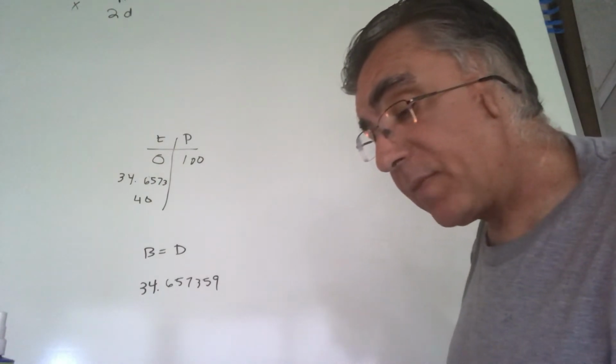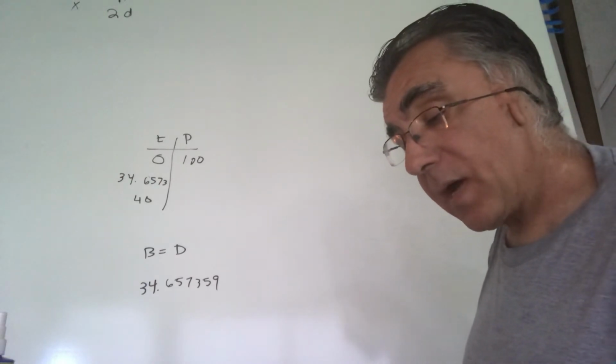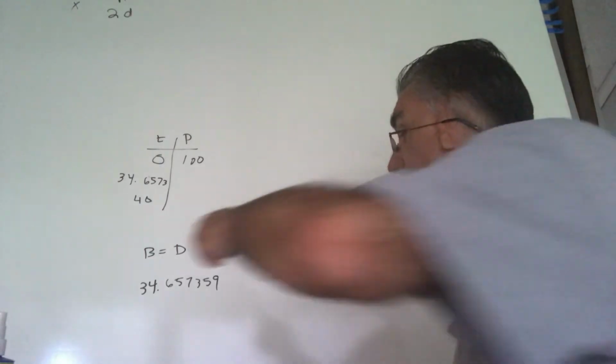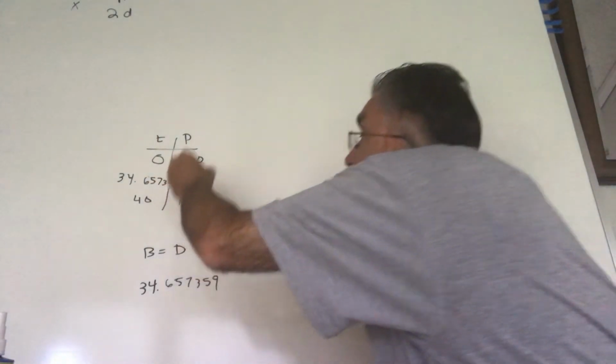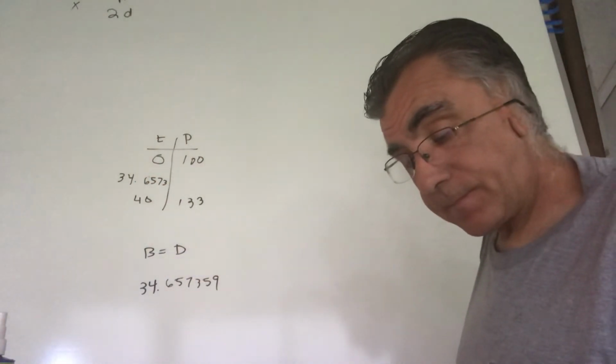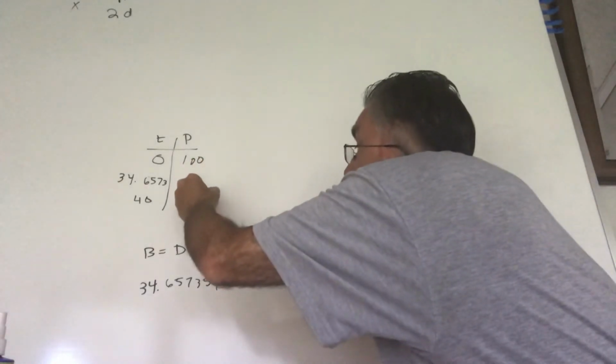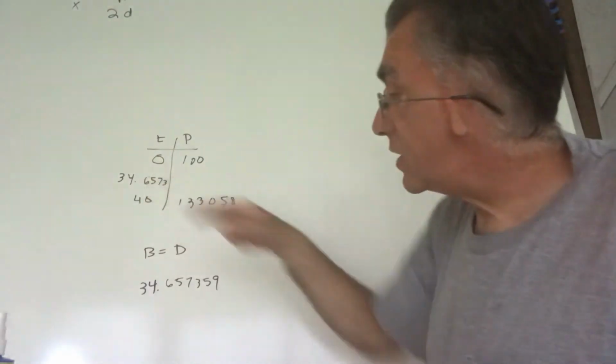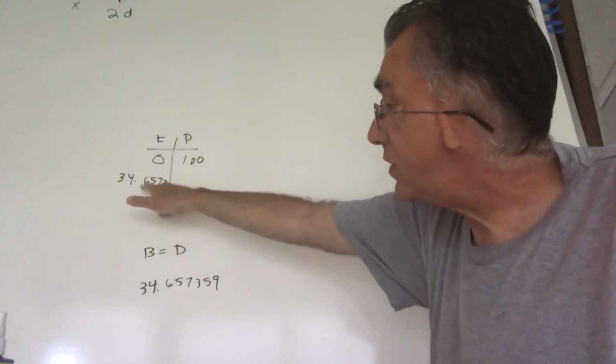Oh yeah, we did it in B. We did the population, and we got 133,000. 133,085.058.